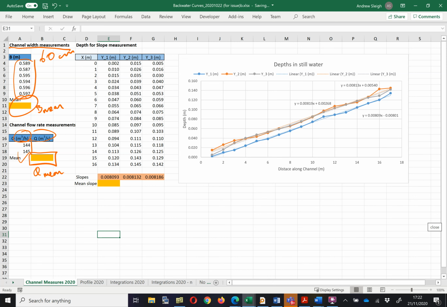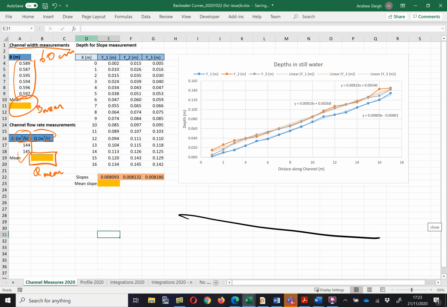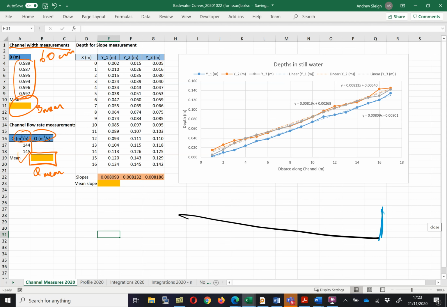Next is the main profile data in the channel to get the slope. Now read the lab handout, but you will see that to get the slope, let me draw a channel. We have a channel, and there's a gate. We raised the gate at the end, and we filled it with water to a certain level.